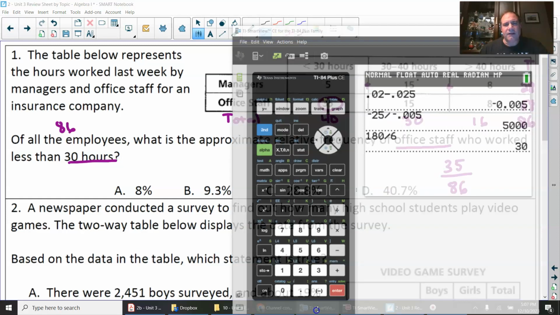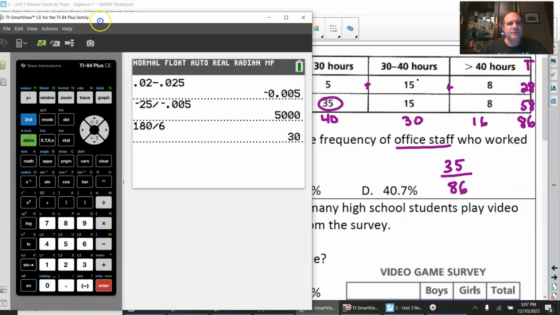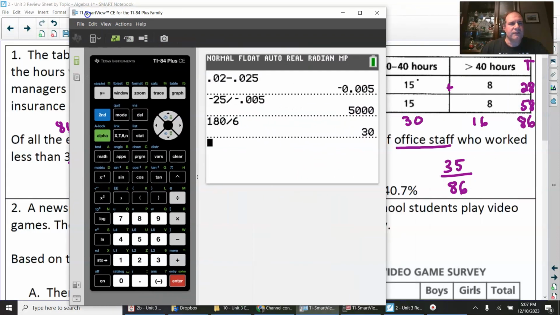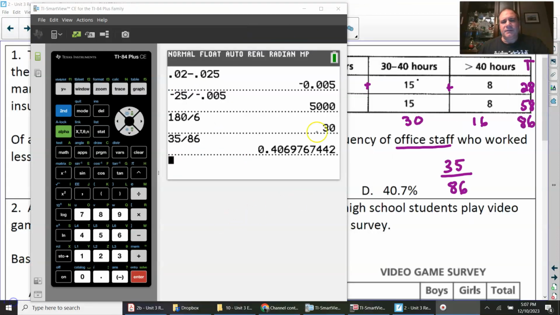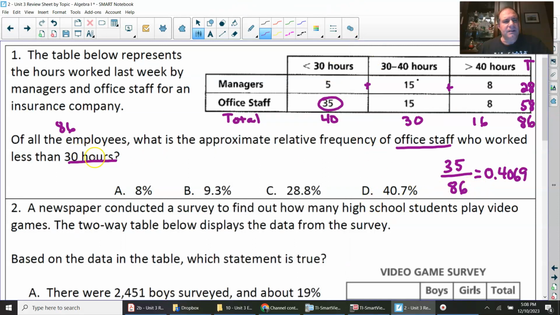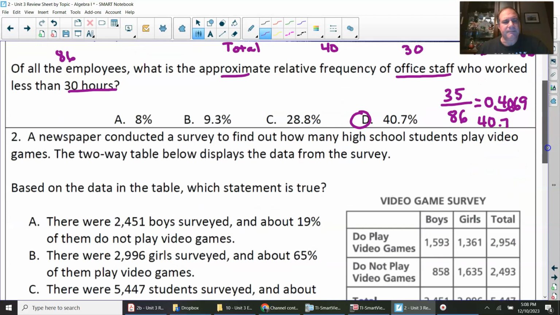So you grab your calculator and do 35 divided by 86, and you get 0.4069. It asks for the approximate relative frequency, so I move this over 2 places to the right, and I have 40.7. That's the approximate relative frequency.